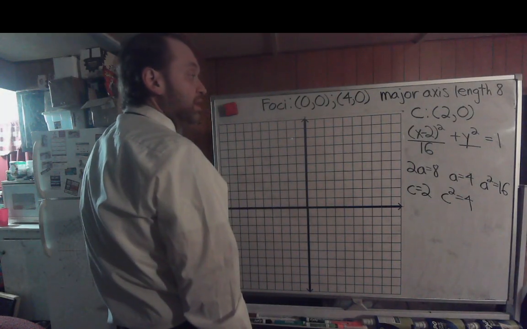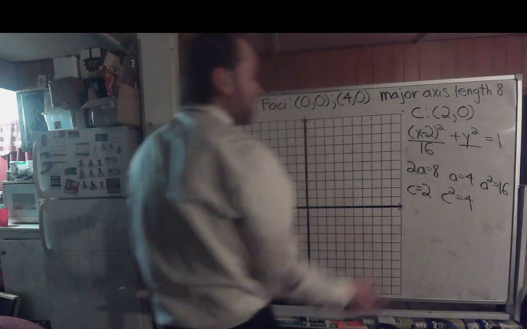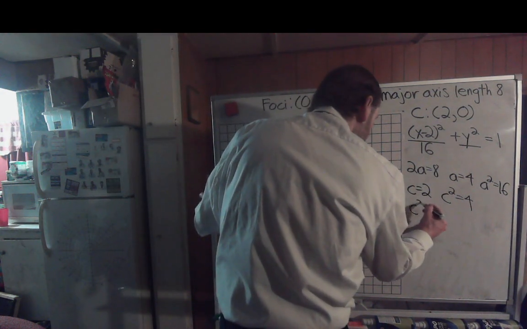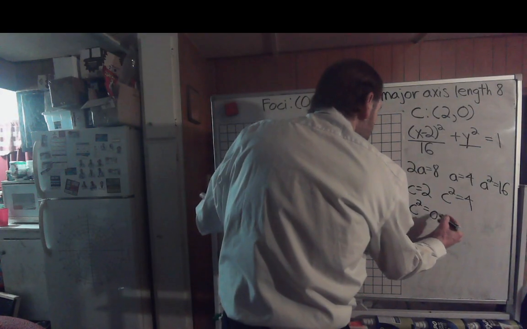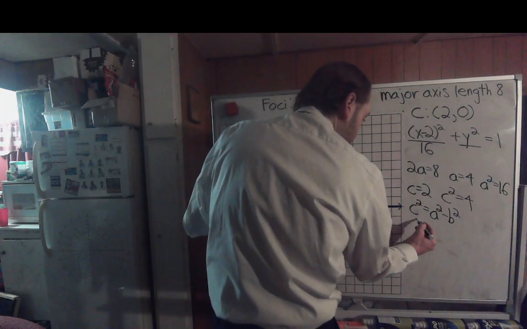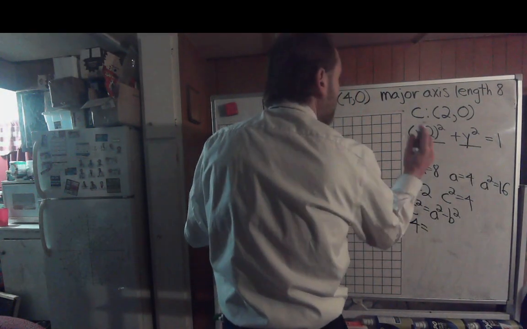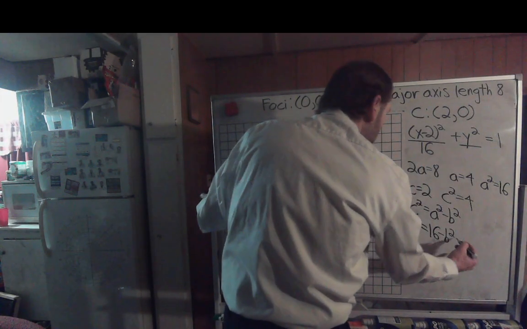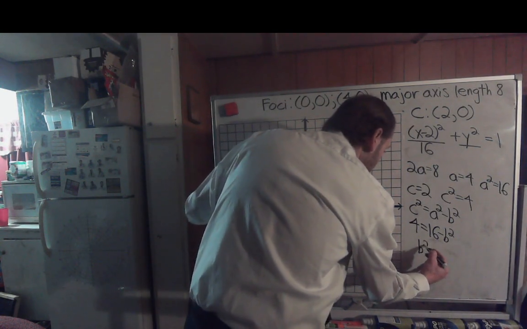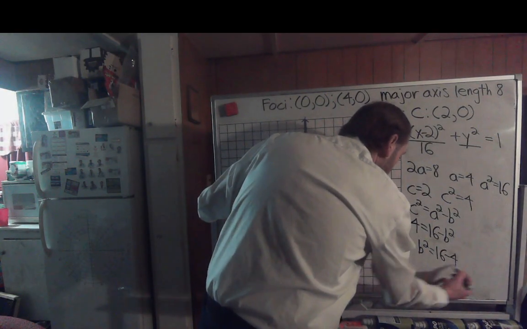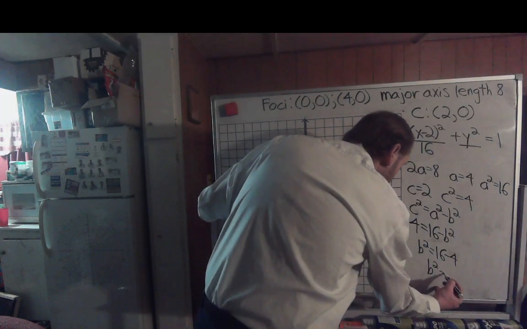Remember, c squared equals a squared minus b squared, so 4 equals 16 minus b squared, which means b squared equals 12.